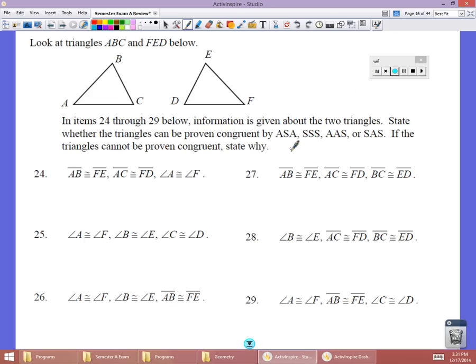These are the ones we're trying to prove. If we end up with side, side, angle, or angle, angle, angle, those are the ones that do not work. Okay, so for each one we're going to mark the triangles congruent, and then we'll go from there.